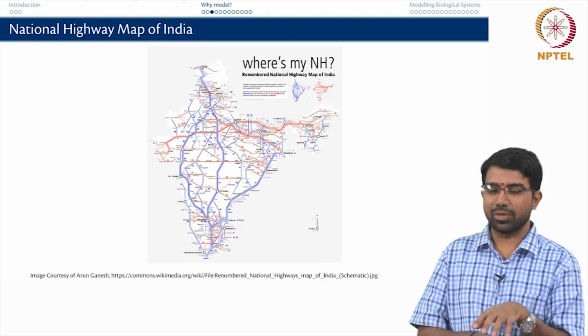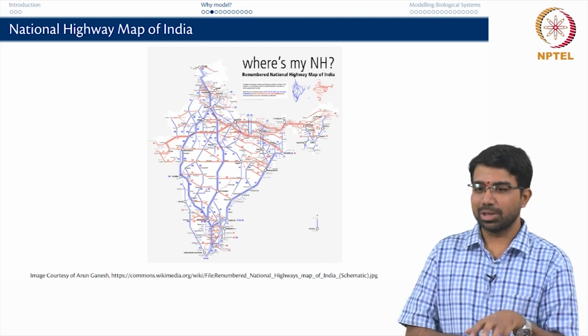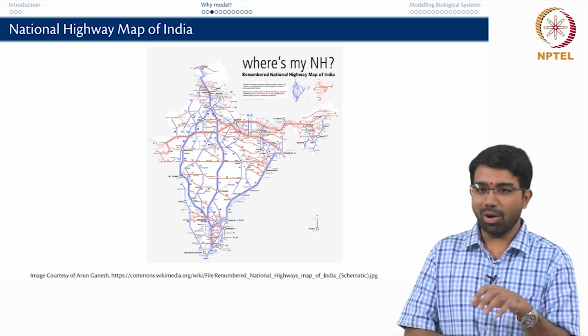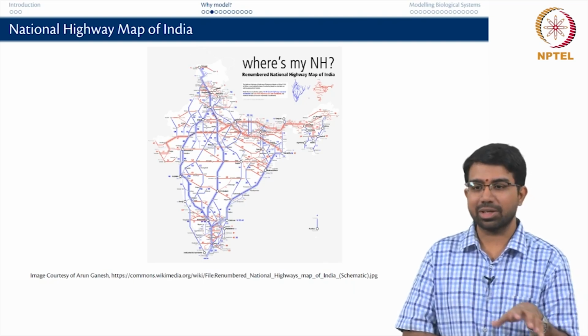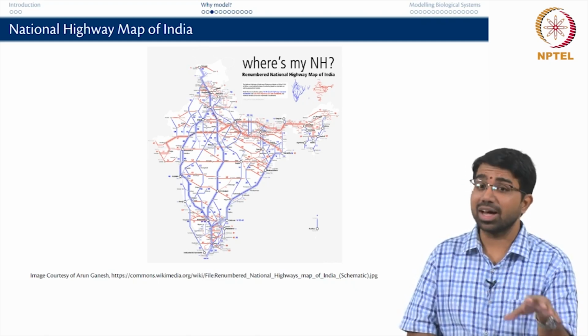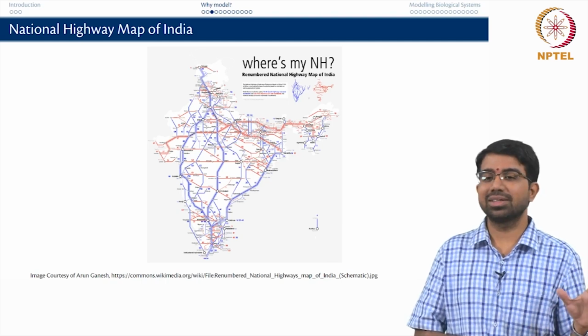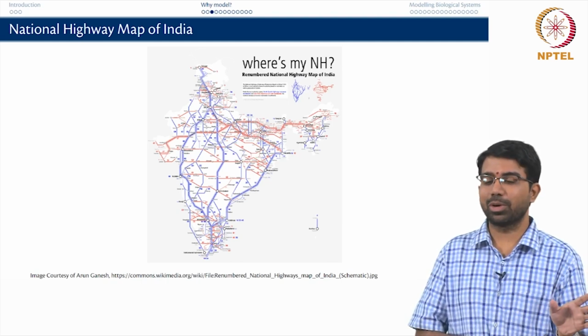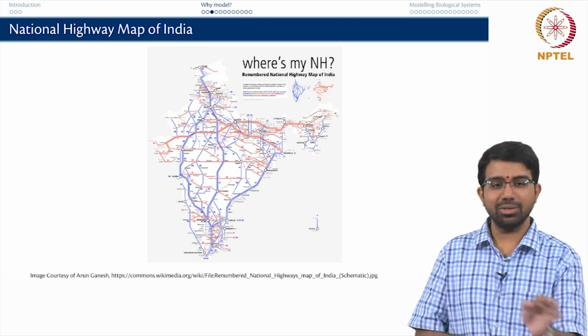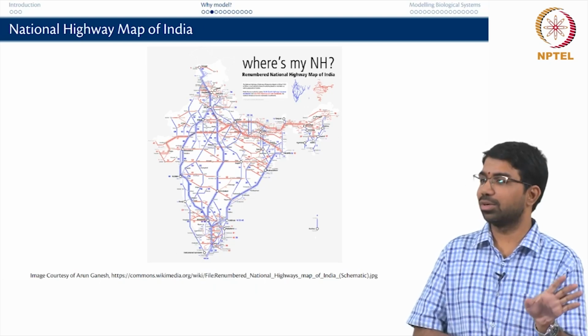You see only a few of them, only the highways on this map, but if you really look at all the roads that are there, it is going to be a very large network, but I would not say it is too complex. You easily understand the network, you know how to go from one point to another, you know if one road is shut down, what is the other road to take, or is there another road to take at all.